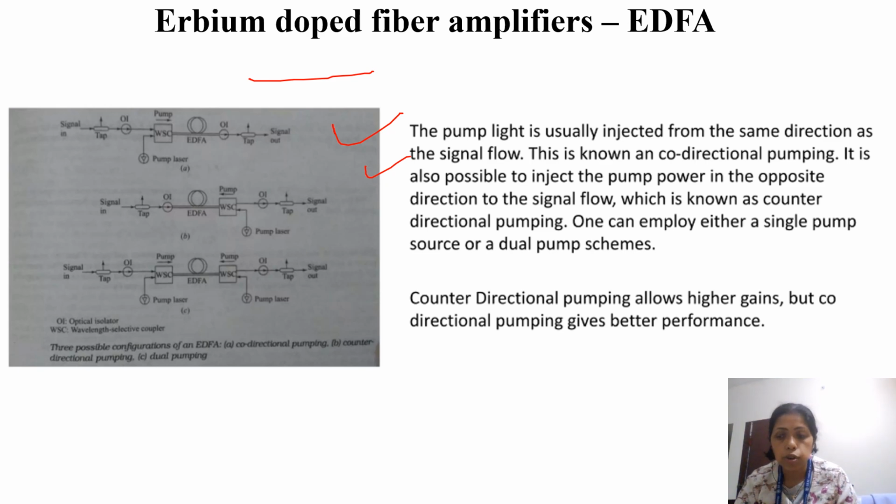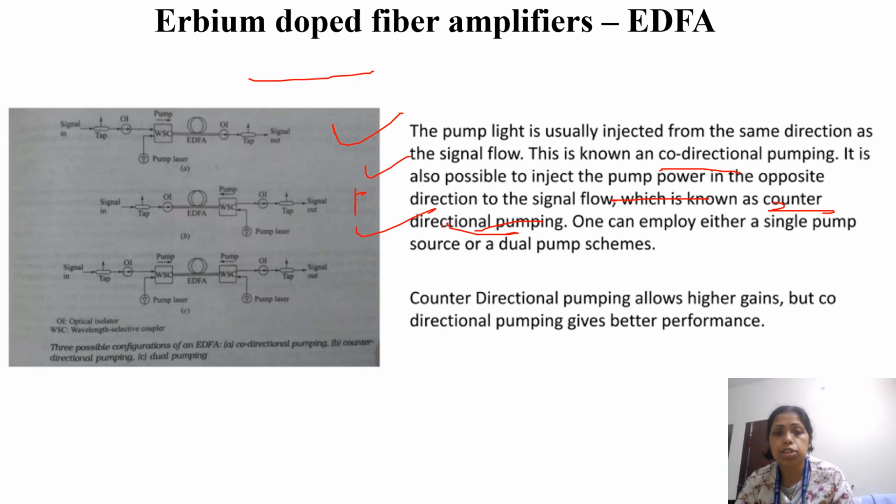That means there is co-directional pumping and another is counter-directional pumping. In the second diagram, on the right side we are giving the pump laser. In the first diagram, on the left side we are giving the pump laser.